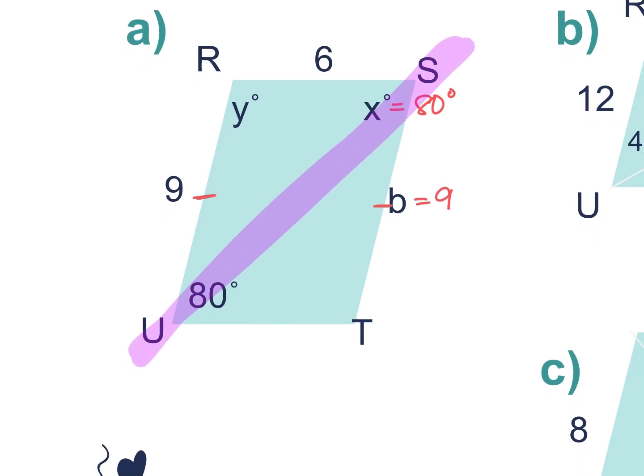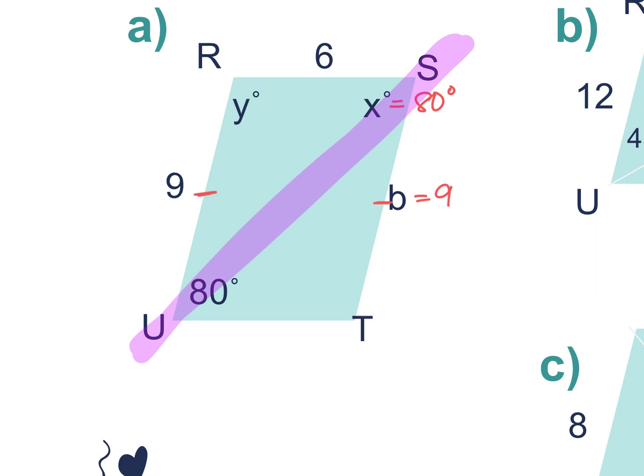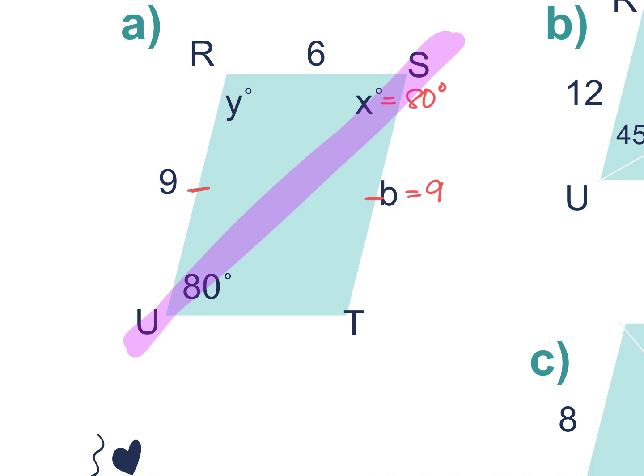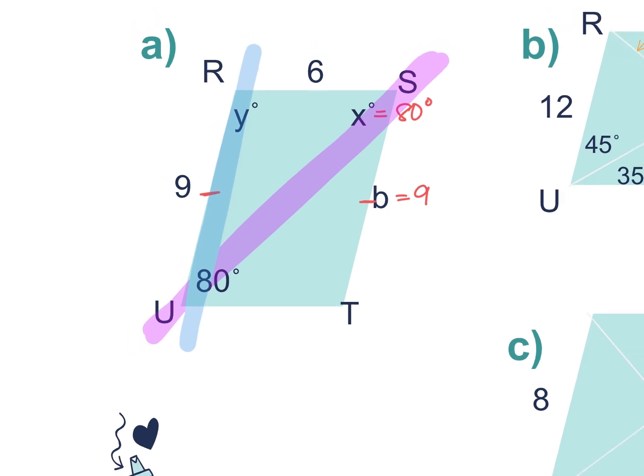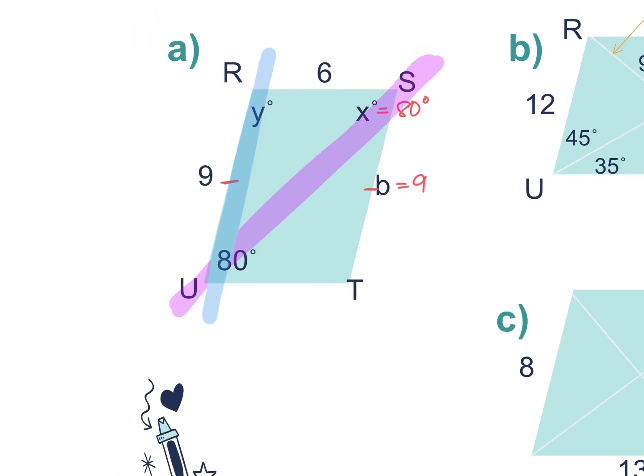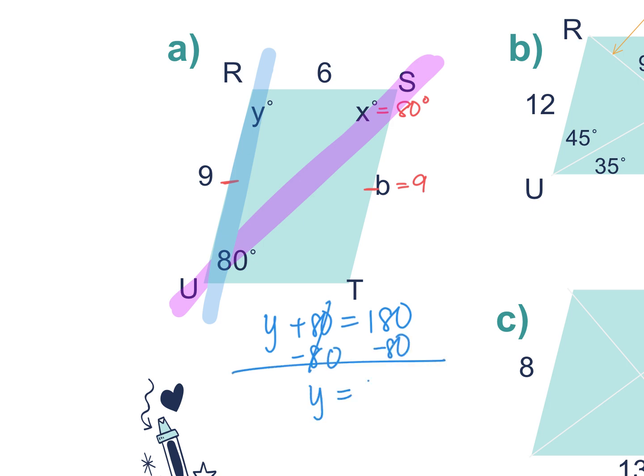And how would I find Y? This goes back to the consecutive angles theorem. I'm just going to show you because that one's a little difficult if you don't remember. If I add these 2 angles in blue, it should equal 180. So I have Y plus 80 equals 180, and then I solve for Y. So Y equals 100 degrees.